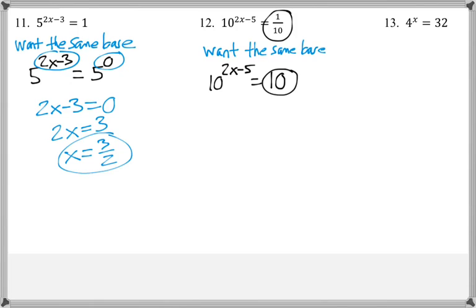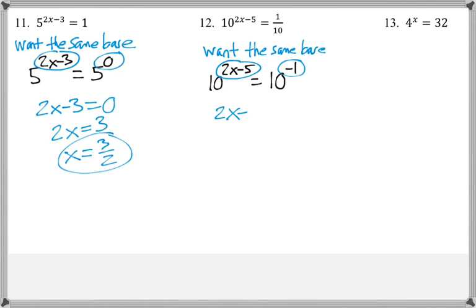And I could do that with a negative 1. So 10 raised to the negative 1 is the same thing as 1 over 10. And I want to express it as 10 raised to the negative 1 because now these bases match. And now that they match, I can just look at the exponents.